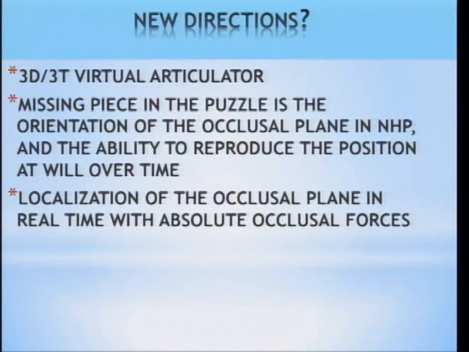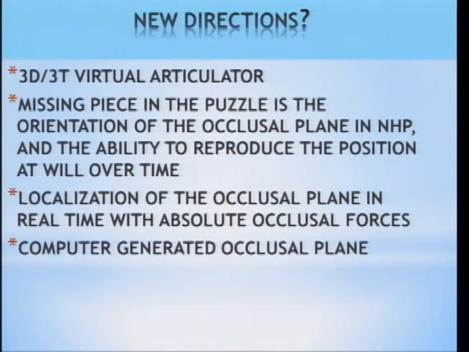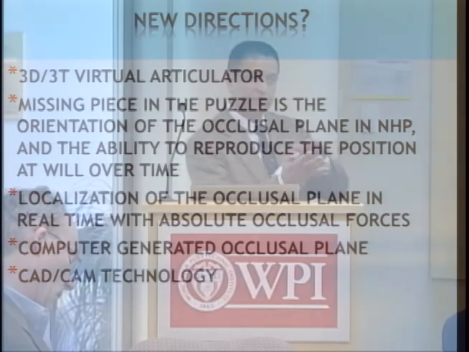And we would like to localize the occlusal plane in real time and determine the exact occlusal forces within the occlusal cloud, or the ellipsoid that I was showing you. And using that to generate an occlusal plane that we can use for guiding us to put the jaws together, and maybe using the CAD/CAM technology to develop wafers during surgery and treatments like that.